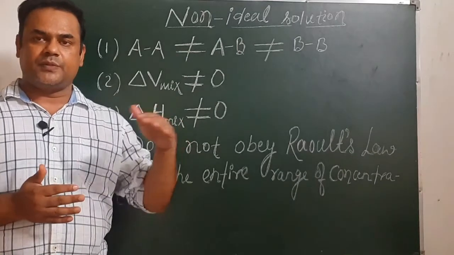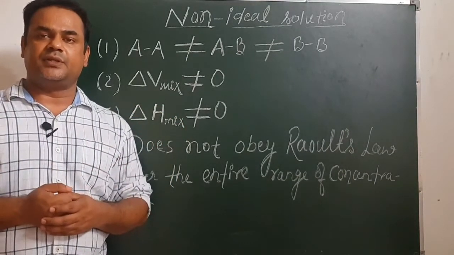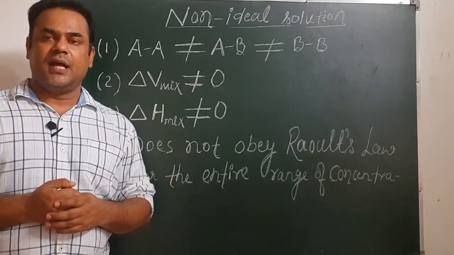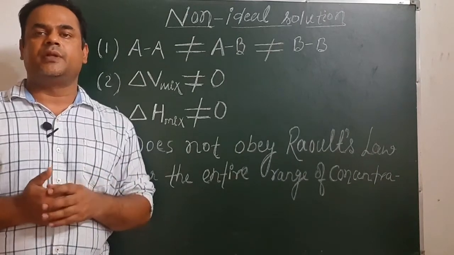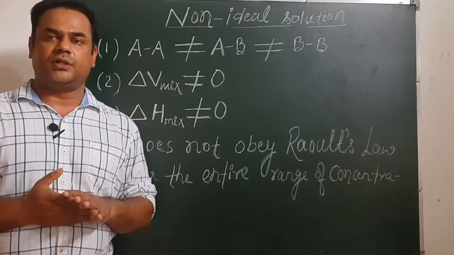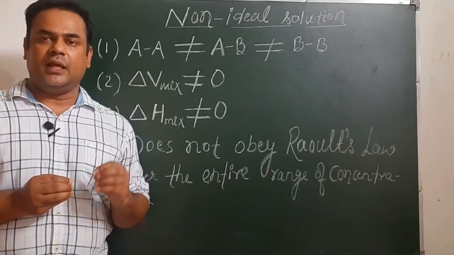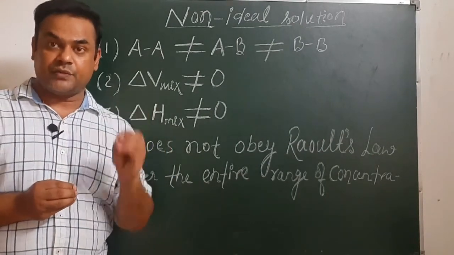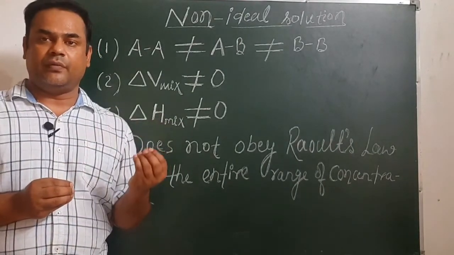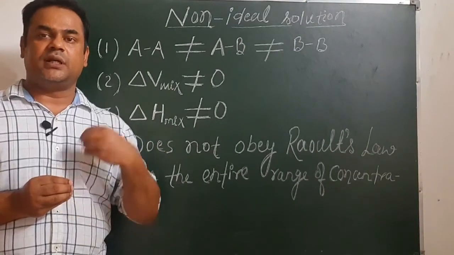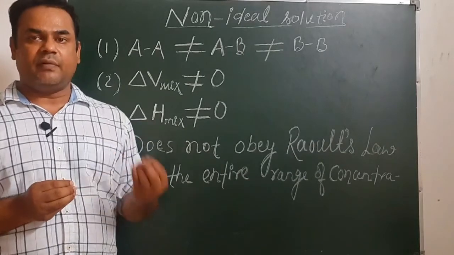The total vapors present over the solution exert pressure, known as the total vapor pressure, which is equal to the sum of the partial pressures of the individual components. Suppose we prepare a solution by mixing two or three components; each component will go into vapor form if it is volatile, and it will exert a certain pressure known as its partial vapor pressure.